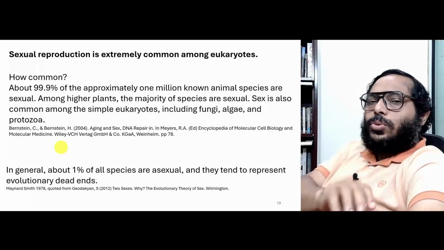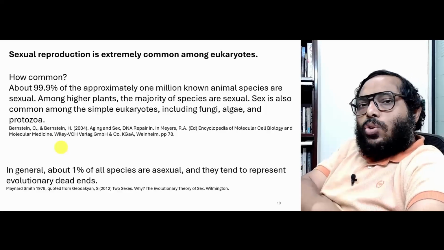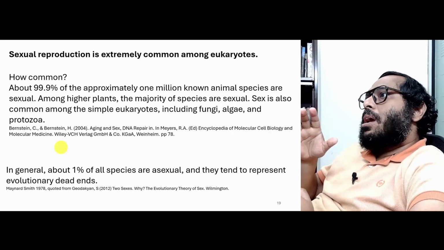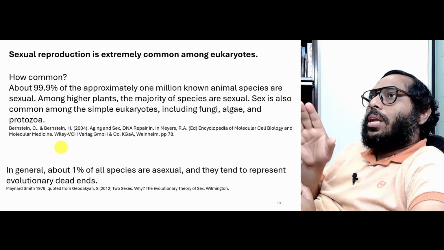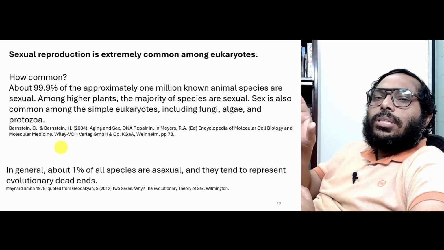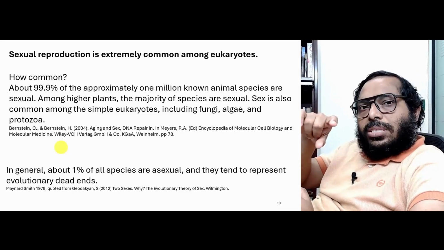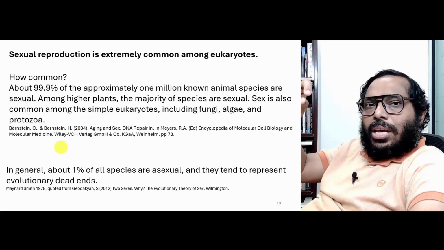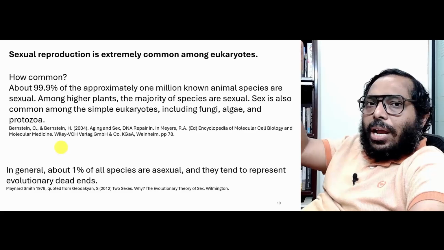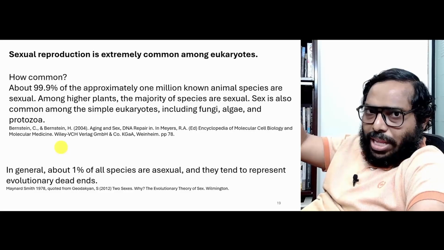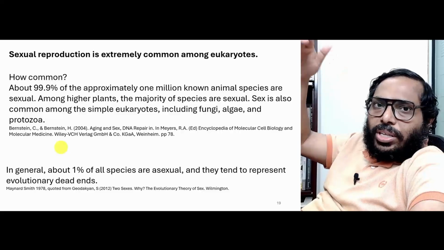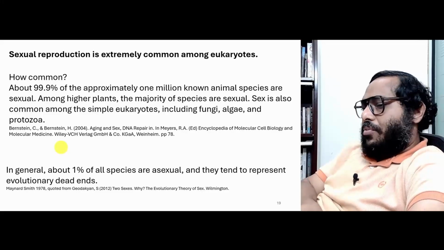These asexual species typically tend to represent evolutionary dead ends, which basically means that in most of the cases amongst the eukaryotes, these asexuals have arisen from previously sexual populations, and after becoming asexual, they have not really gone back and produced sexuals. So, essentially they have become asexuals and then they have stopped further branching on the phylogenetic tree.